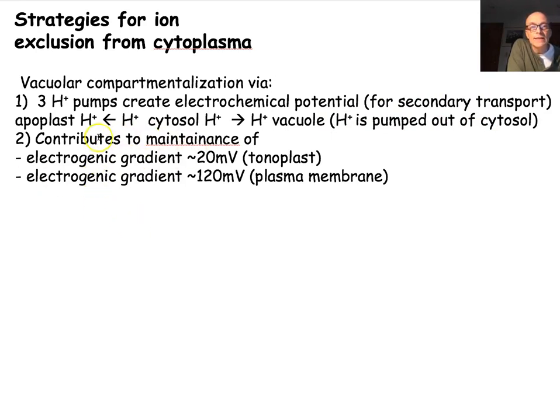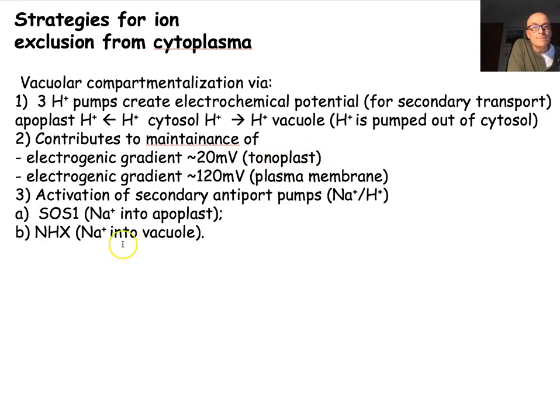And the other one is the maintenance of the electrogenic gradient that I just pointed out to you across the tonoplast or across the plasma membrane. We have, as a third strategy, the activation of secondary antiport pumps, sodium versus hydrogen. I showed you the SOS1 as an example. I showed you the NHX1 in the vacuole.